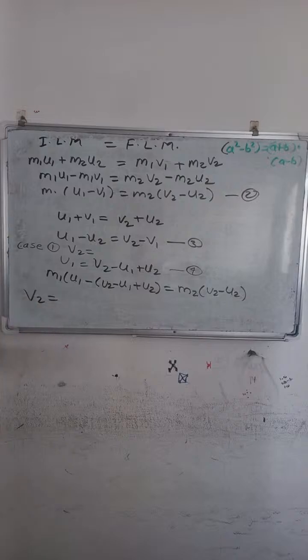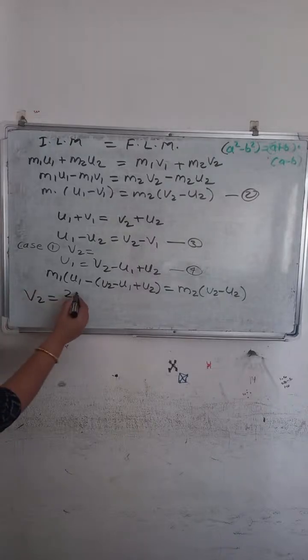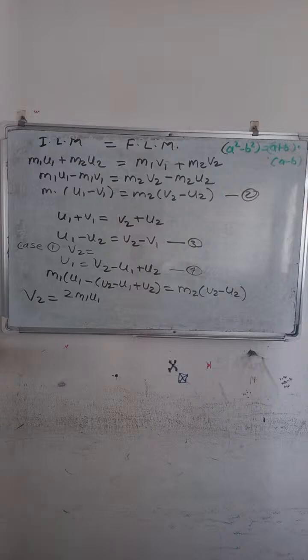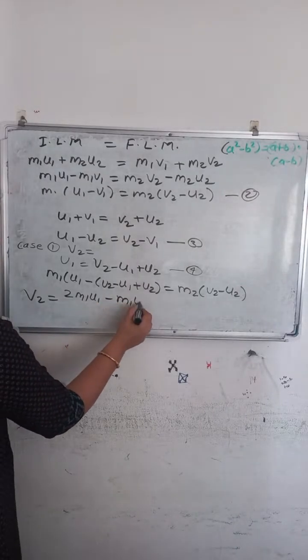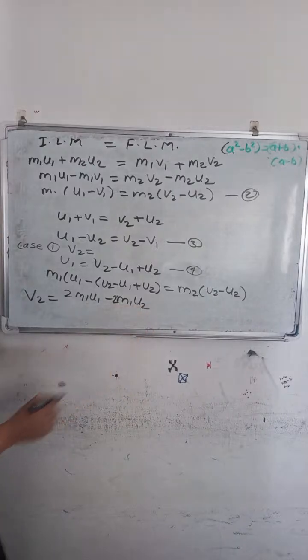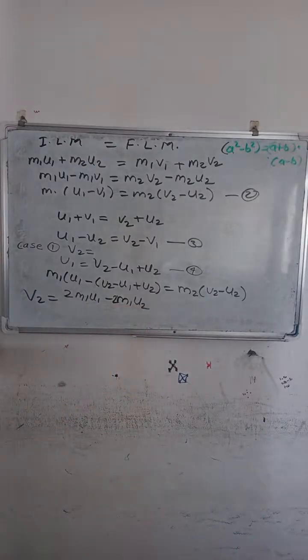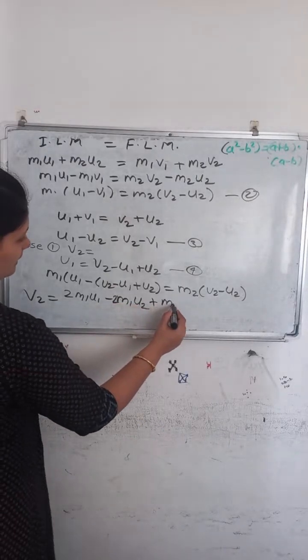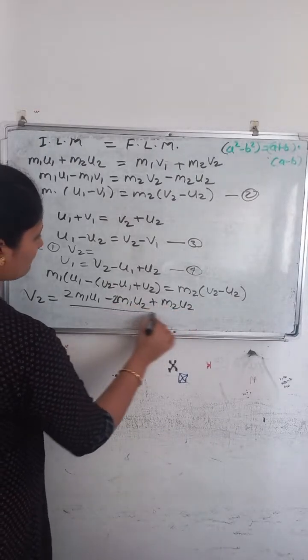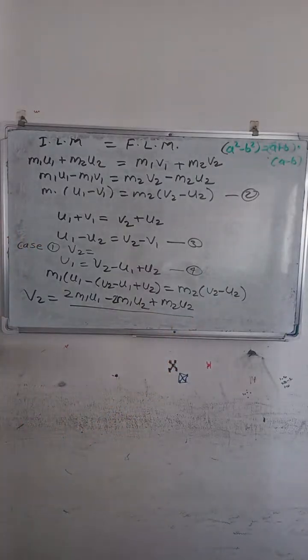So we will get the expression for v2 is nothing but 2m1 u1 minus m1 u2 minus 2m1 u2 plus m2 u2 plus m2 u2, divided by m1 plus m2.